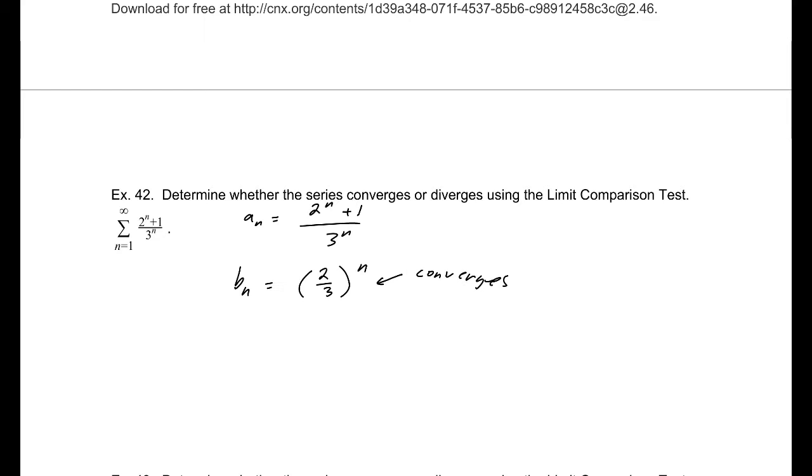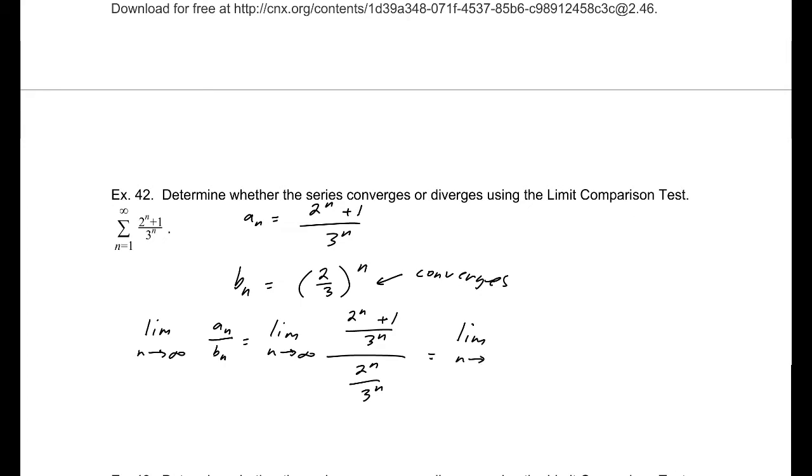Now let's consider the limit of an over bn, which is 2 to the n plus 1 over 3 to the n, all over 2 to the n over 3 to the n. Right, so taking the reciprocal there, we actually get 2 to the n plus 1 over 3 to the n times 3 to the n over 2 to the n.